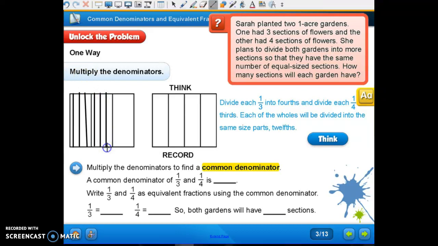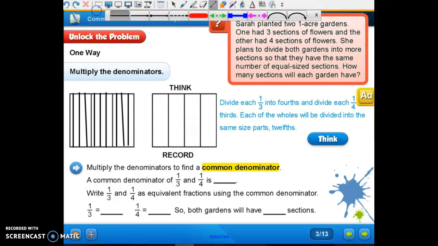And just in this one, because this is the garden spot that was divided into thirds. When you've completed that, you divide this one that's broken into 4 parts, you divide each of those into thirds. So it should look something kind of like this.